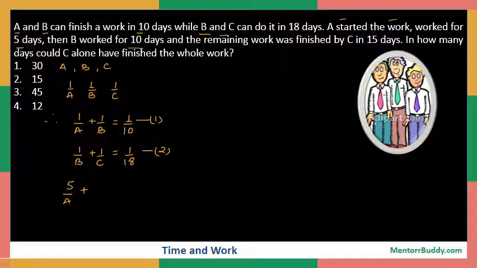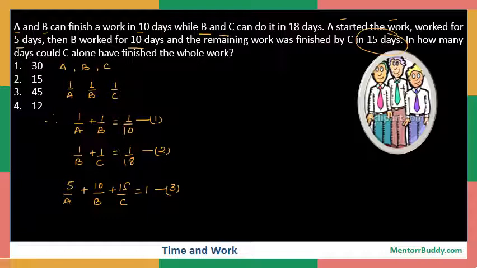Then B worked for 10 days. If B's 1 day work is 1/B, for 10 days his work is 10/B. And the remaining work was finished by C in 15 days. So C works for 15 days and the work gets finished. So this is my third equation.